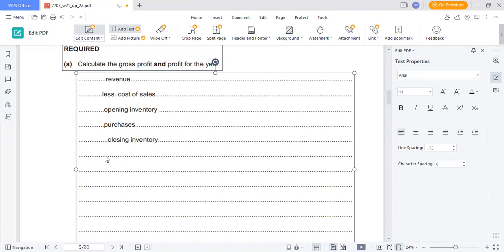We'll be needing less expenses equals to profit. Okay. Or if you want to, operating expenses, profit. Okay.